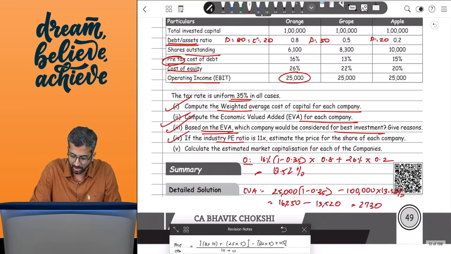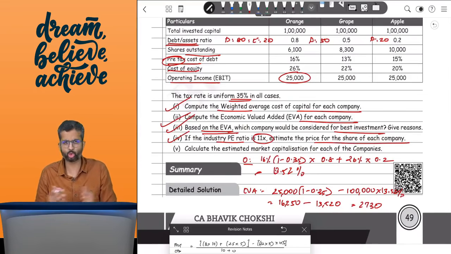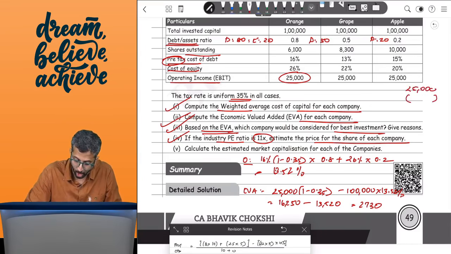Point 4, if the industry P/E ratio is 11, estimate the price of the share of each company. Now, how do I find the price of the share? Well, EPS into P/E, because there is no growth rate or any other data given, P/E ratio is given. So, EPS into P/E. So, how will I find the EPS? Well, EBIT is 25,000 minus interest. Now, how do I find the interest? Well, debt is 80,000. 80,000 into the rate is 16%. So, 80,000 into 16% comes to, let us say, 12,800.